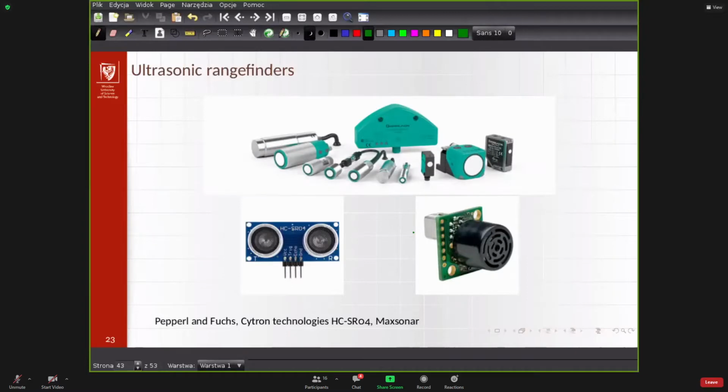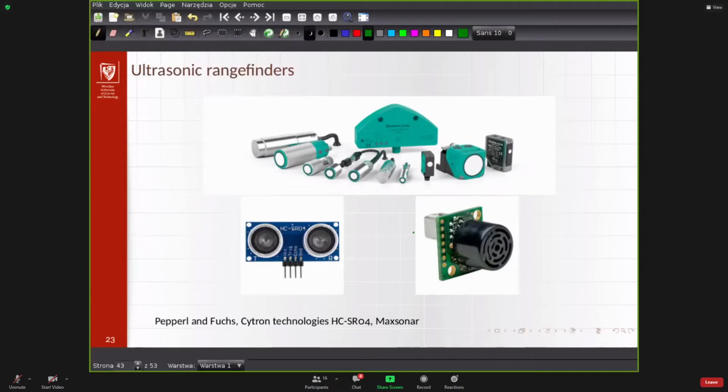And let's go further to finish on time. So you can see just examples of different ultrasonic rangefinders. The top are the industrial versions with different externals depending on whether they are resistant to certain industrial conditions or not.